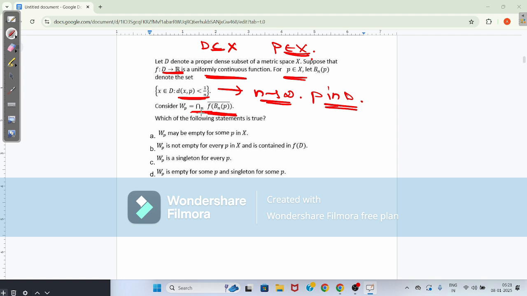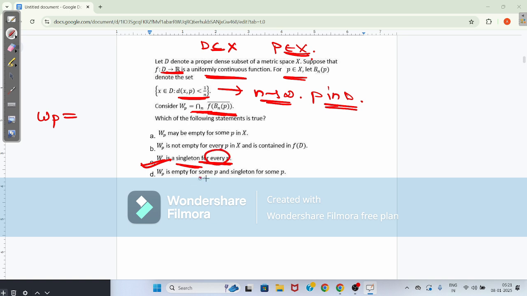This WP will have a singleton for every value of P. If the value of F is arbitrarily close to P here, then WP contains a singleton value here. So this is the correct option for every value.